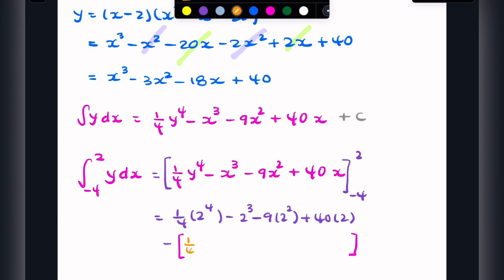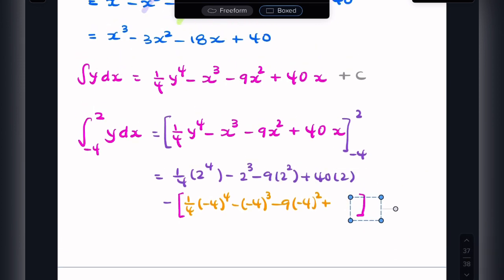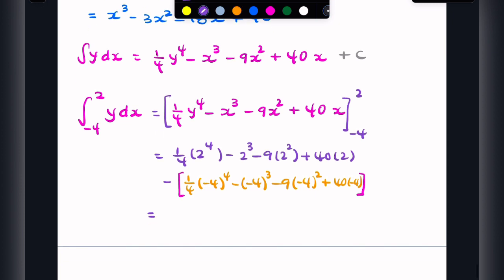So it's 1 over 4 times minus 4 to the power 4 minus 4 cubed minus 9 into minus 4 squared plus 40 into minus 4. And if you put all that in your calculator, I'll do that now.